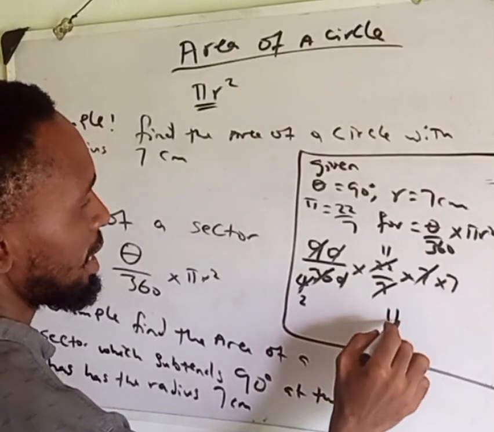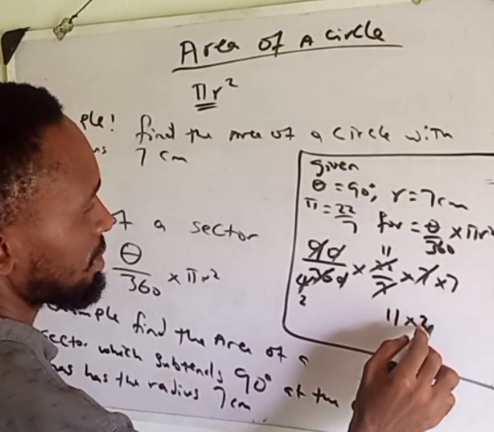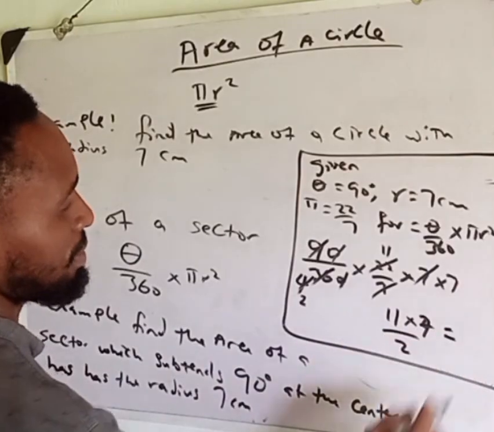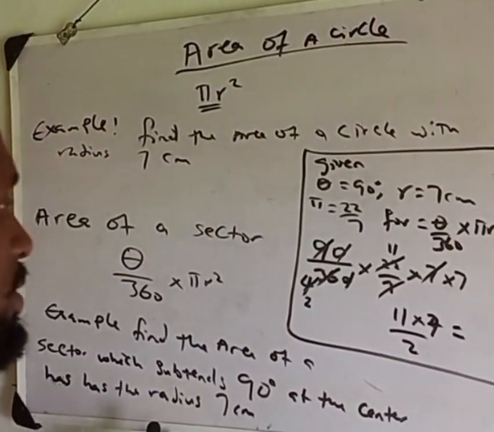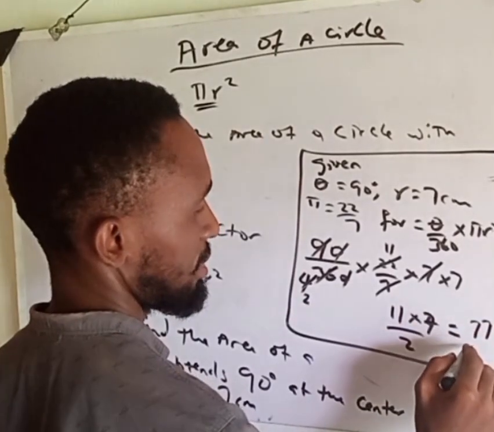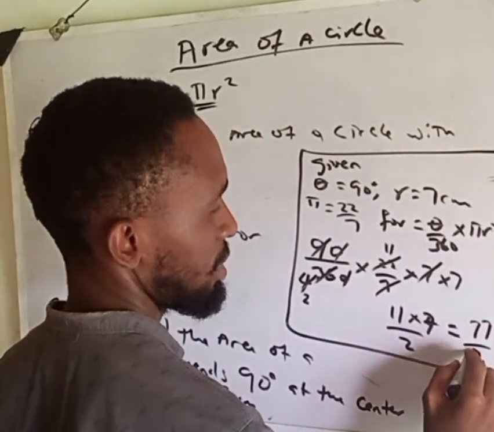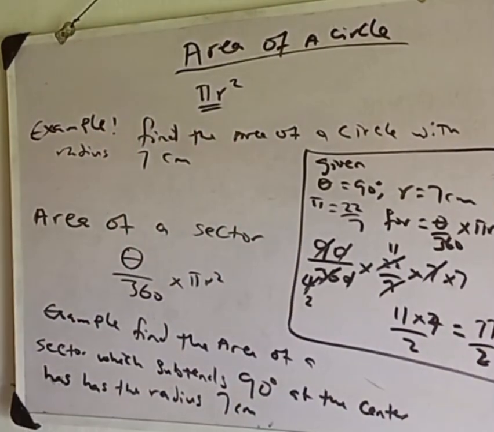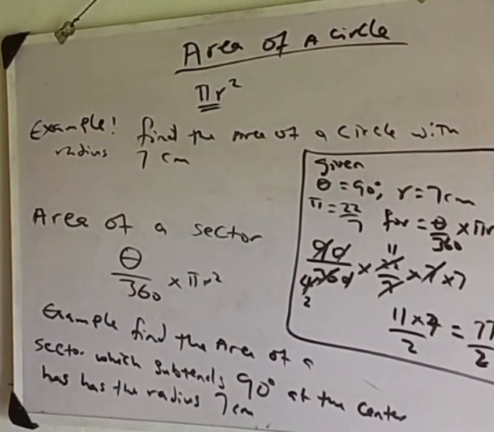So we have 11 times 7 all over 2, which will give us 77 over 2 cm squared.